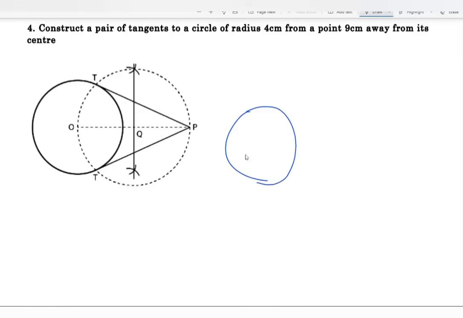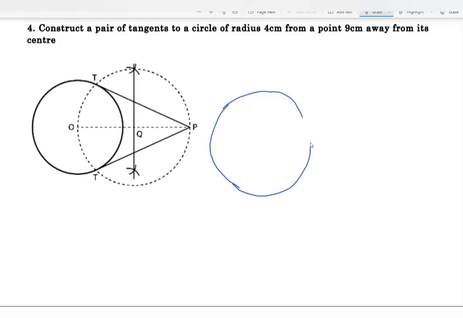I'm not able to do it properly because I'm not using the compass. Draw a circle of radius 4 cm from the point O, that is O is the center of the circle.